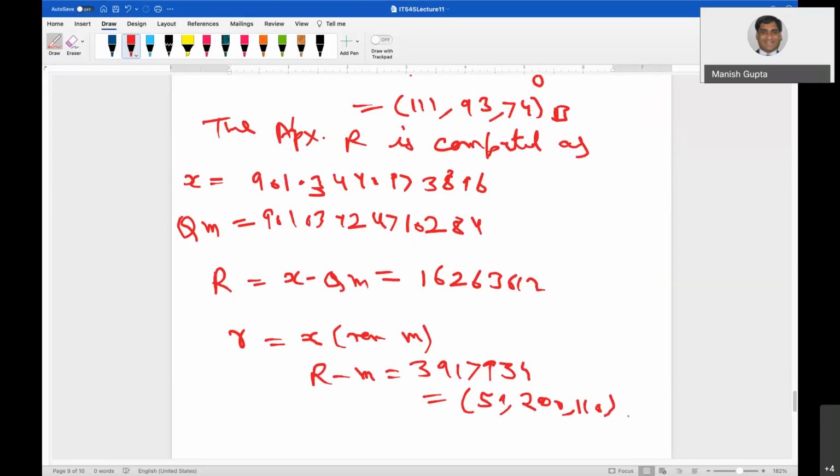Of course, this is a bit lengthy, right? Okay, so this is how I think you compute.